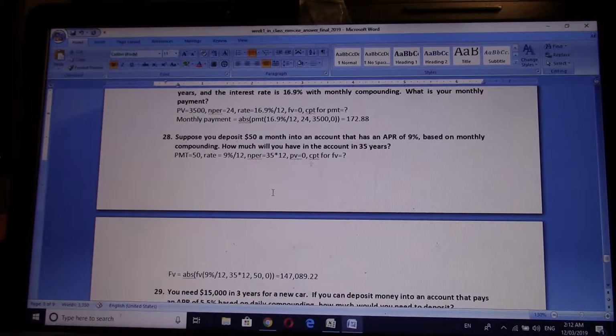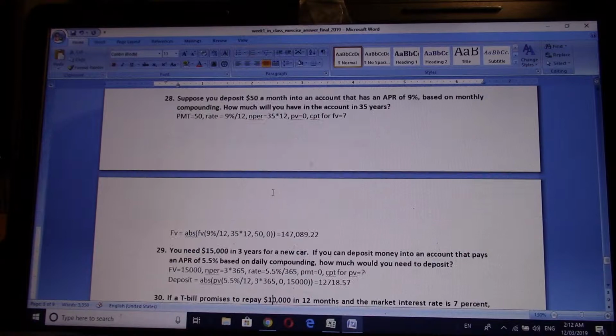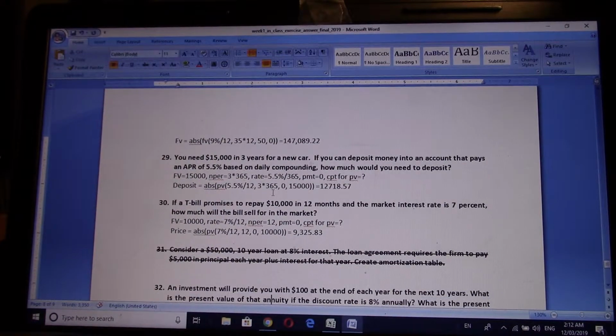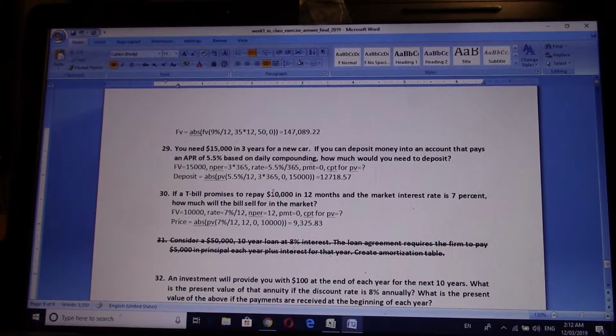APR is always the bank's rate. You will be told about this APR rate, but you need to convert it to the actual compounding rate each period. Okay, 29. You need $15,000 in 3 years for a new car. If you can deposit money into an account that pays an APR of 5.5% on daily compounding, how much would you need to deposit now?